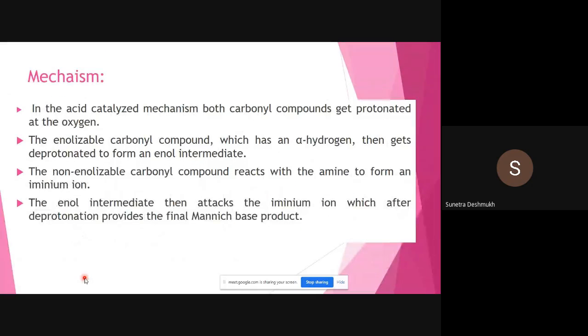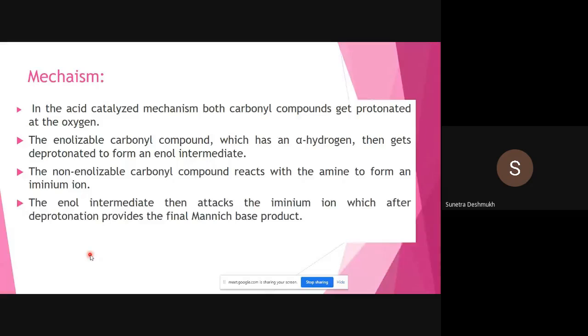So now the mechanism. The first step, in this acid catalyzed mechanism, is that both carbonyl compounds get protonated at the oxygen atom. As I have told earlier, if we react an aldehyde or ketone with any acid catalyst, the first step is that the carbonyl group acts as a Lewis base because oxygen possesses two lone pairs. That is why it acts as a base and reacts with the acidic H plus.